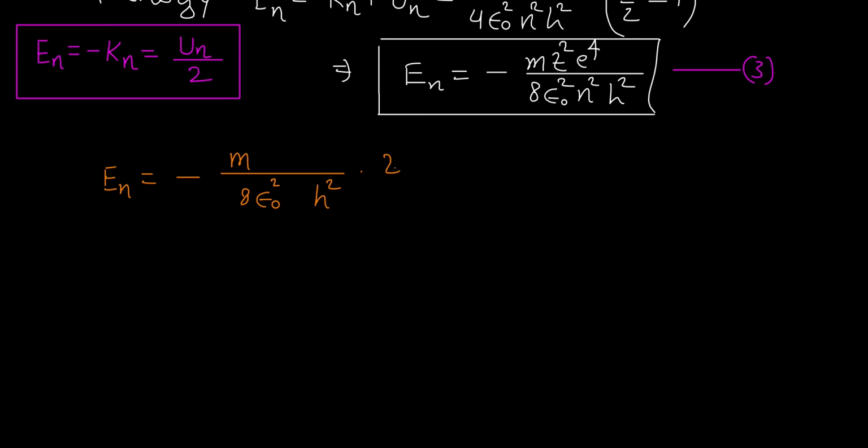So it will be Z² divided by n², times minus m e⁴ upon 8 ε₀² h².